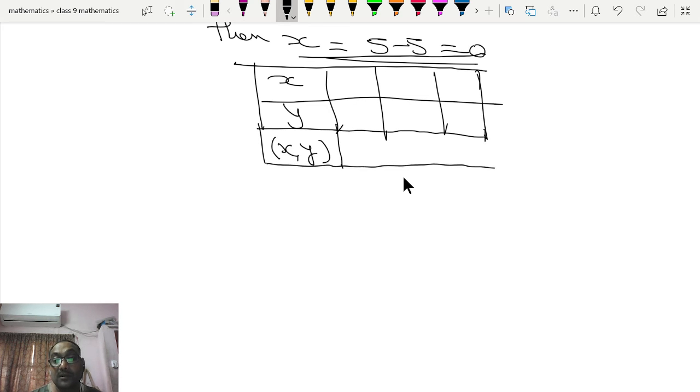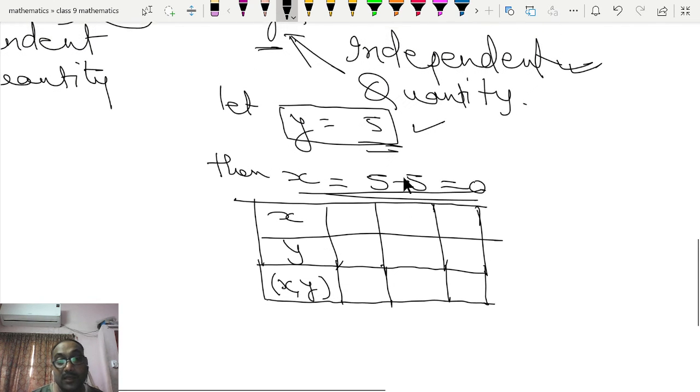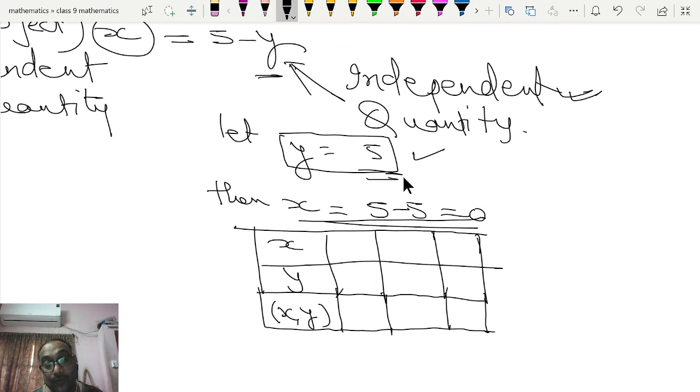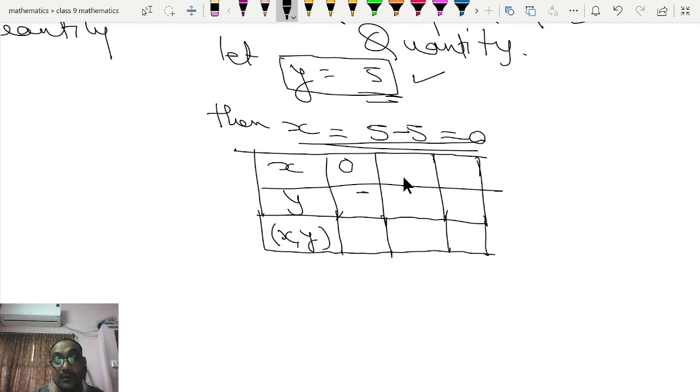Ordered pair means x and y in correspondence. So if y is equal to 5, x is equal to 0, and the ordered pair will be (0, 5).